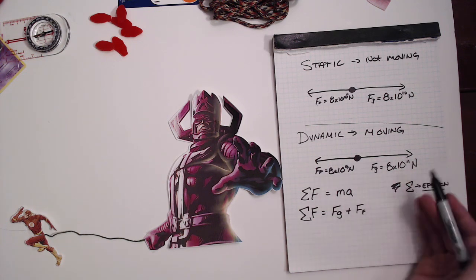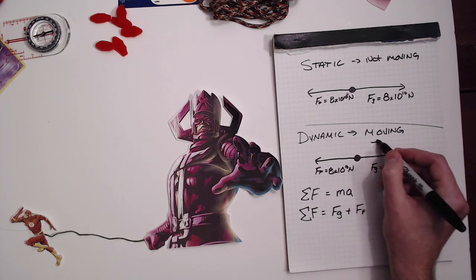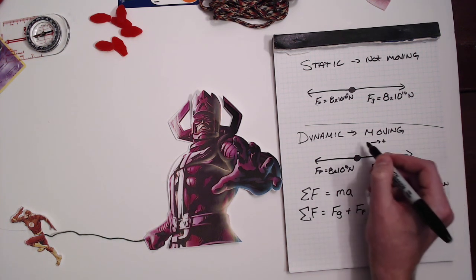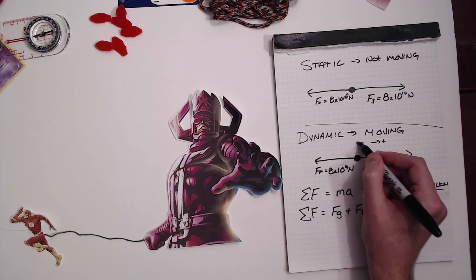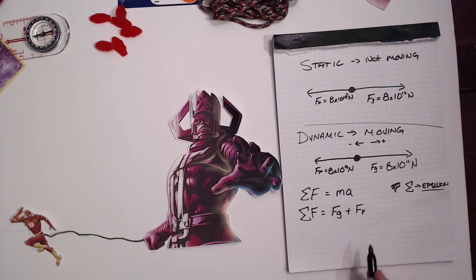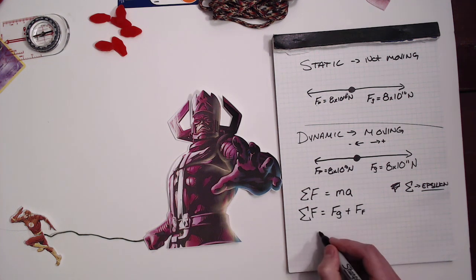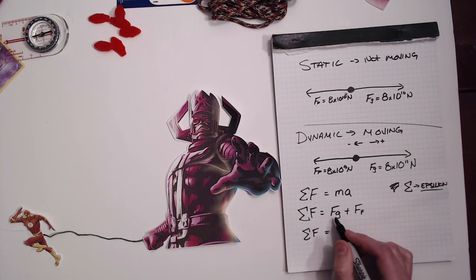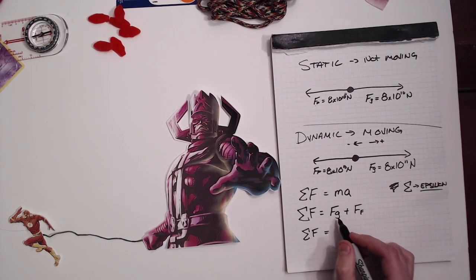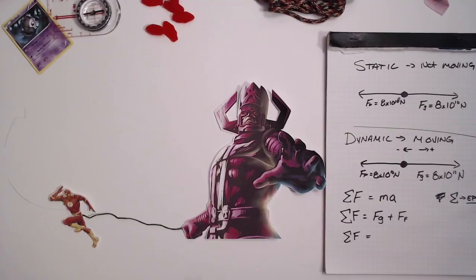Now, we need to set up our coordinate system. So we're going to call this way positive, and this way we're going to call negative. Okay? So when we actually plug in these numbers, we're going to get the summation of all of the forces is going to be equal to the force of Galactus.